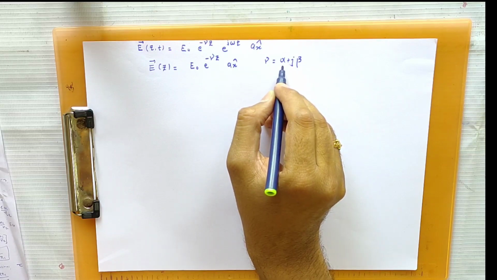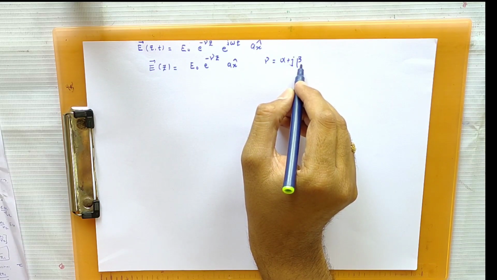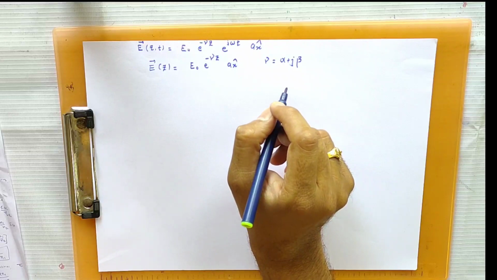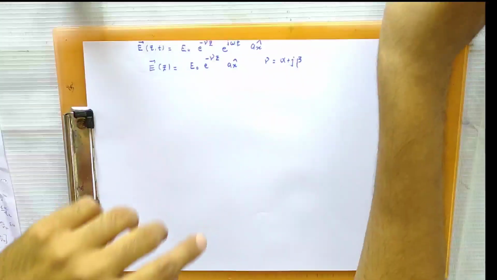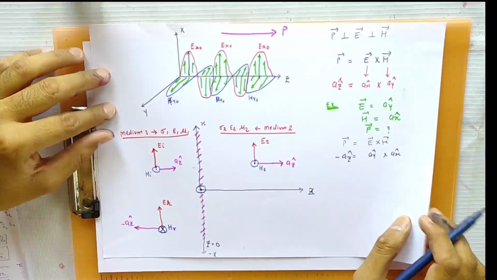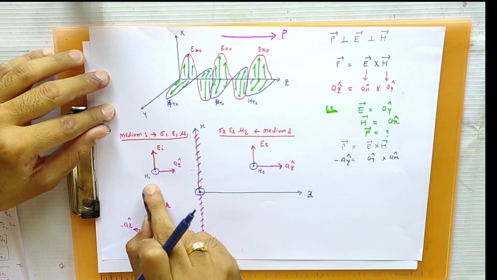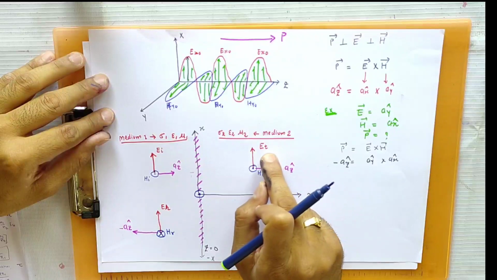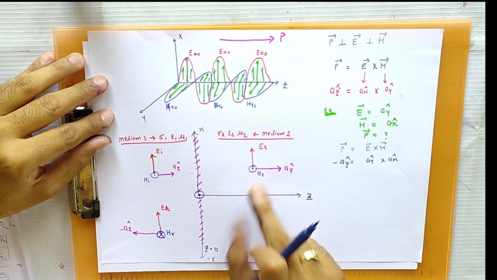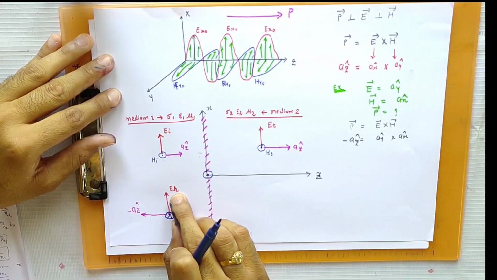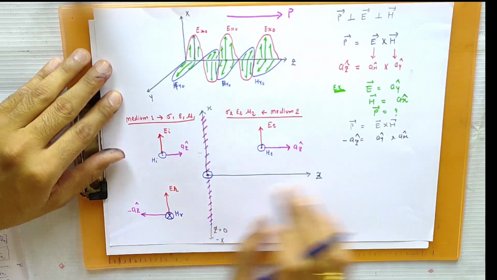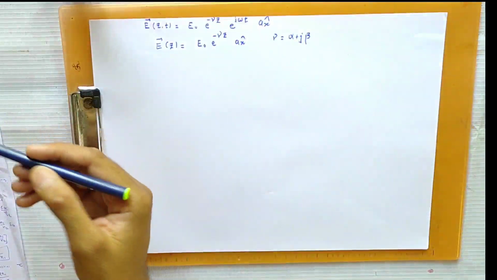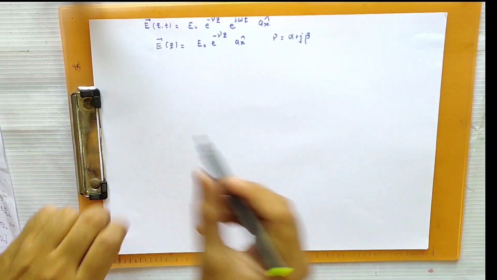What is alpha? Attenuation constant. What is beta? Phase constant, right? Now I have to write separate equations for the incident electric wave, incident magnetic wave, transmitted electric wave, transmitted magnetic wave, reflected electric wave and reflected magnetic wave. So first I will write the equation for the incident wave.